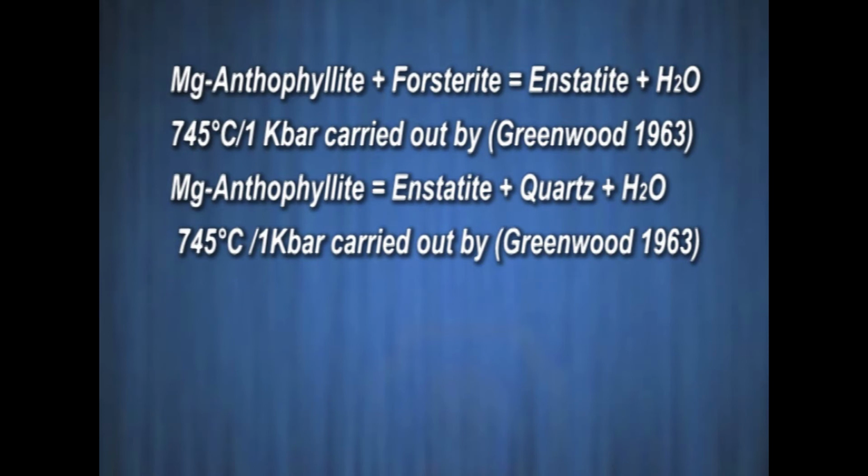Mg anthophyllite gives rise to enstatite plus quartz plus water at 745 degrees centigrade at 1 kilobar pressure, carried out by Greenwood 1963. These reactions suggest a temperature of 700 to 750 degrees centigrade for the beginning of the pyroxene-Hornfels facies. The upper temperature limit may not exceed 800 degrees centigrade.